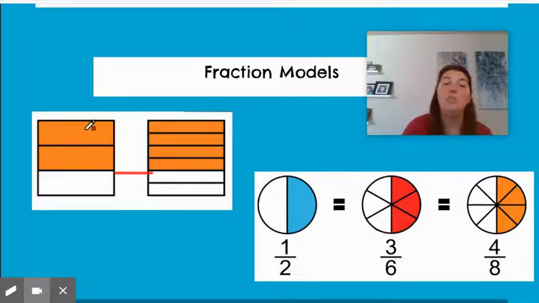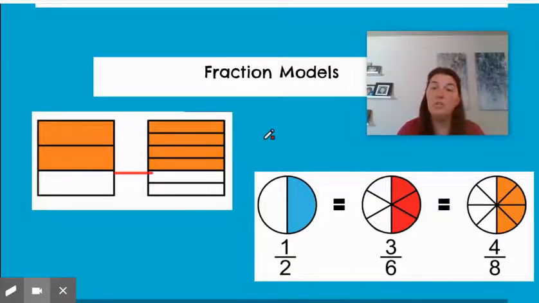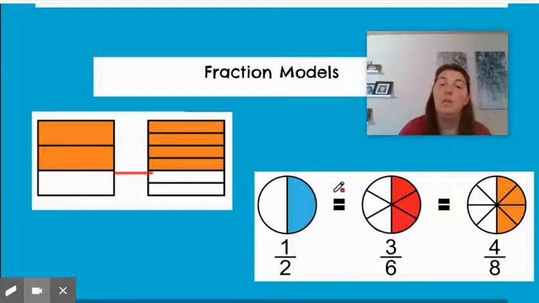Even though this one has 2 pieces and this one has 4 pieces, they are equivalent because they fill the same amount of the shape. So equivalent fractions don't have to have the same number of pieces and won't be cut up the same number of times. We can look down here also at our circles, and we see 3 different circles that all have one side of the circle filled with color.